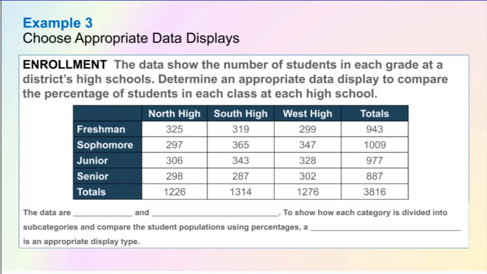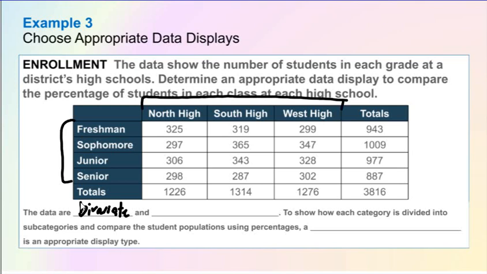So to compare them, this would probably be best if we used a segmented bar graph because the data are bivariate. And it's bivariate because we have categories here and we have categories here. So two variables, high schools and the grades.